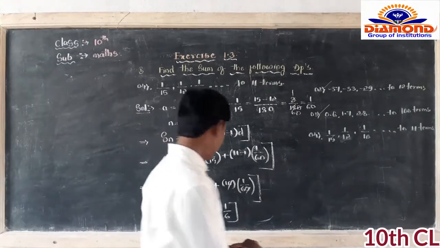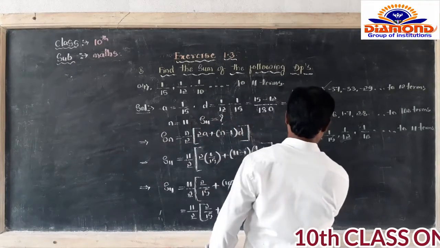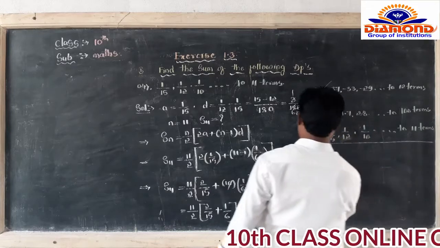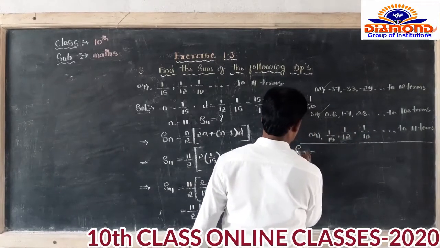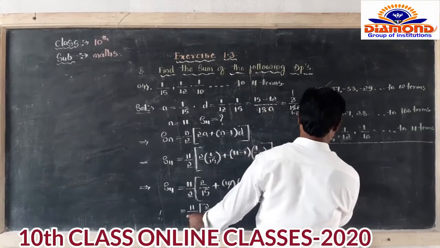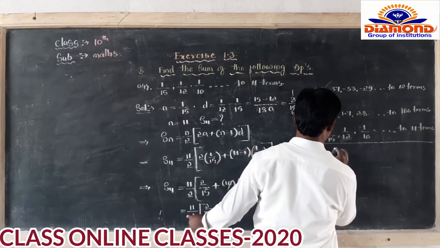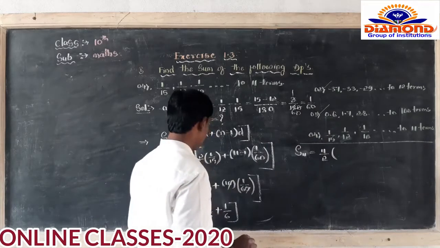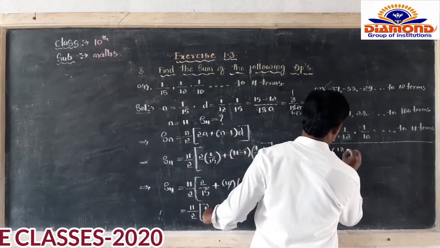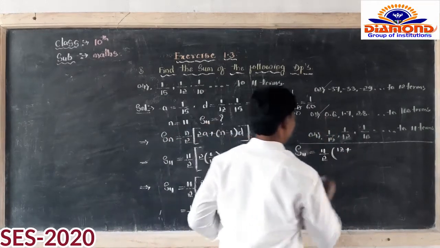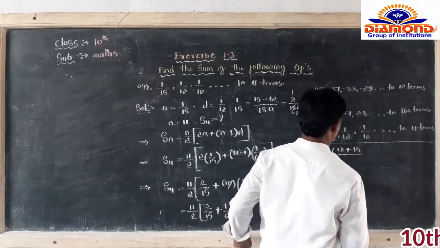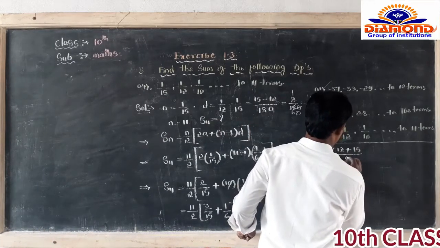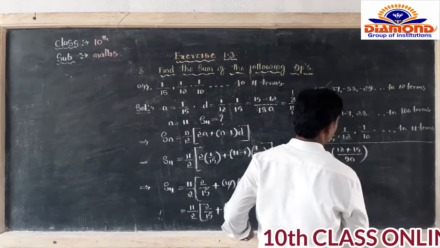I thought you understood. One more time I will explain, dear students. Next step, the sum of the 11th term is equal to 11 by 2, and in the bracket 6 2s are 12 plus 15 1s are 15, upon 15 6s are 90.